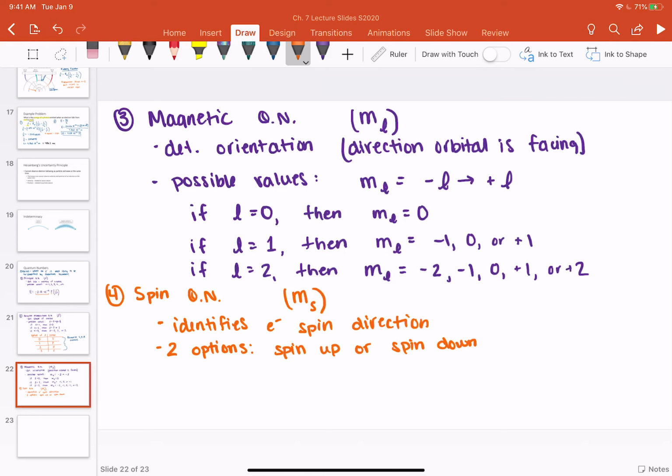And the numbers that are used to identify these spins are positive 1/2 or negative 1/2. So a spin quantum number cannot be any number other than positive or negative 1/2. It can't be a whole number, can't be an integer. It has to be positive 1/2 or negative 1/2.